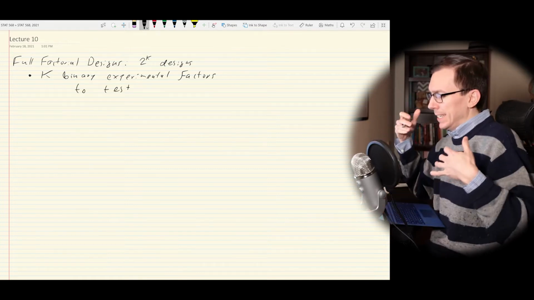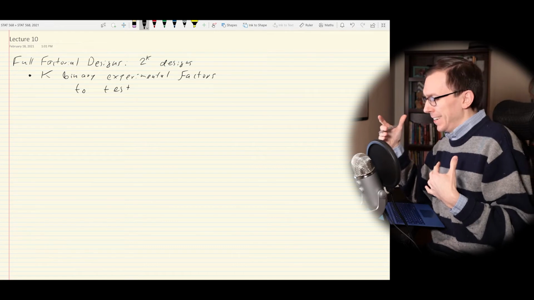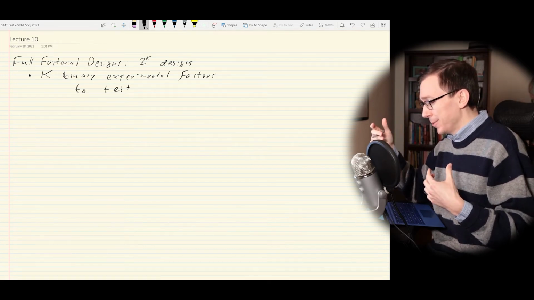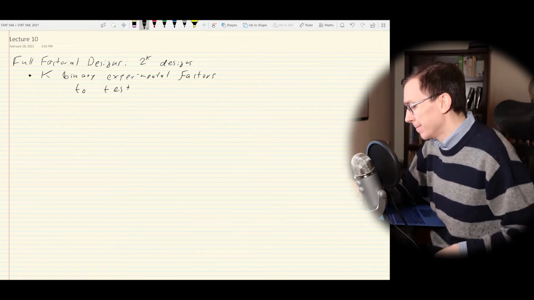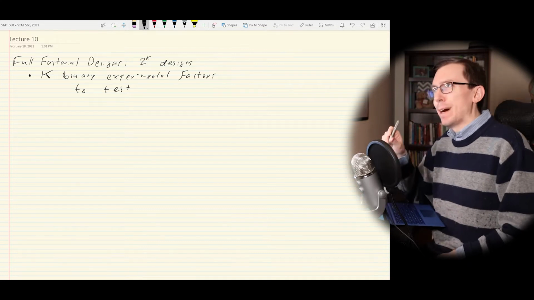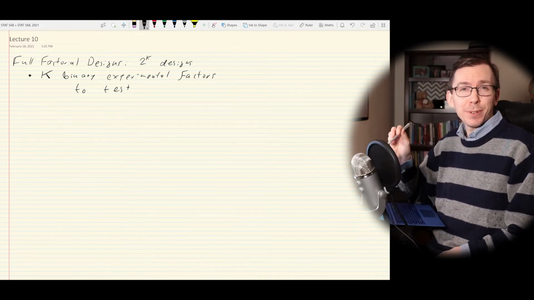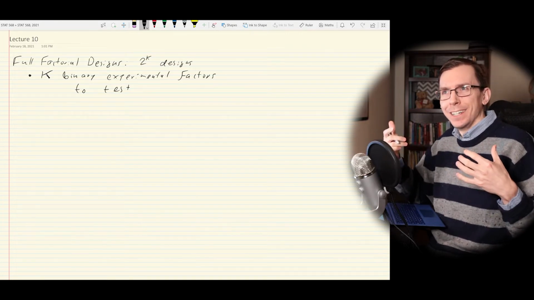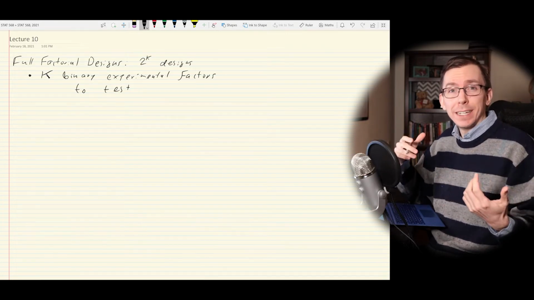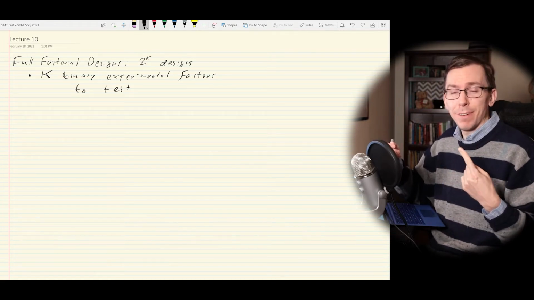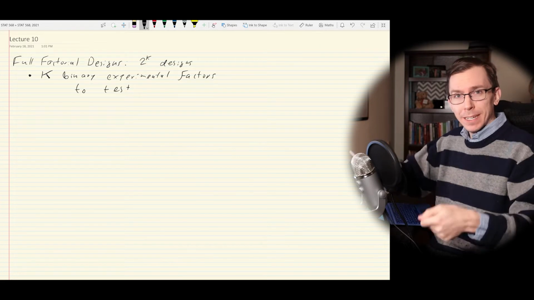Now, because we're in this setting, right, we have lots of different combinations that we need to test. And we're going to need a fairly big sample size to do it. We also have to be a little bit careful now about the terminology, because in the previous lectures, I kind of used treatment and factor, experimental factor and treatment interchangeably, because typically we might have only had one experimental factor, which would then be the treatment applied.